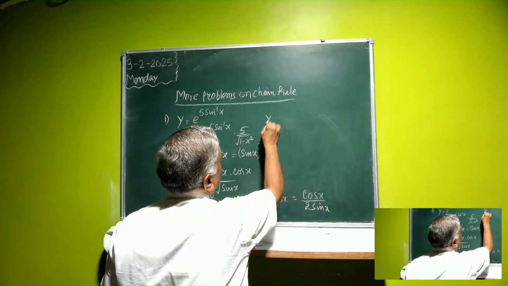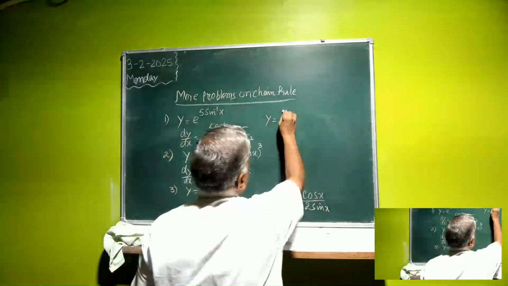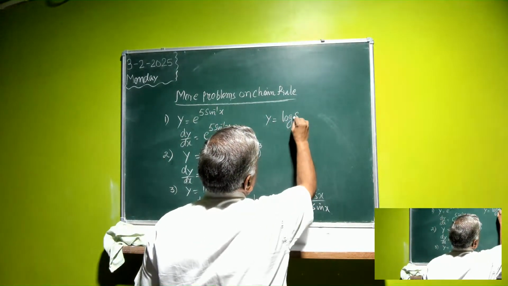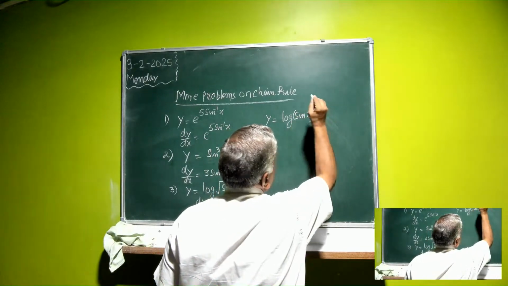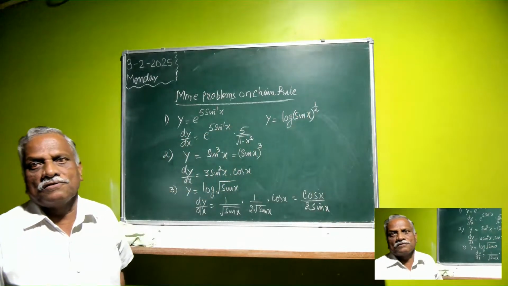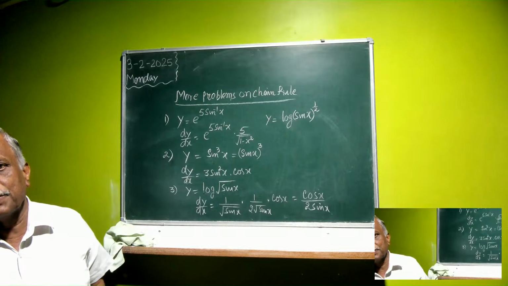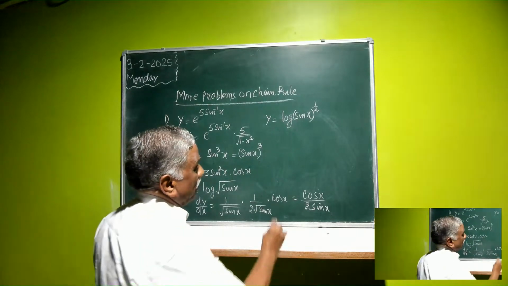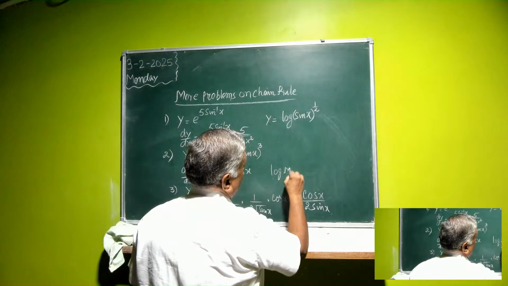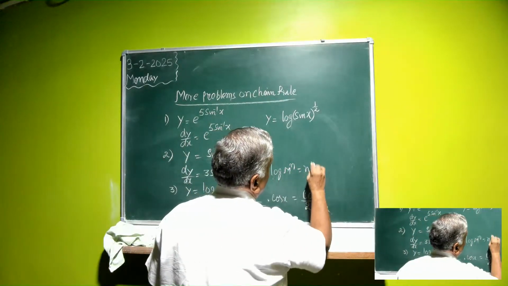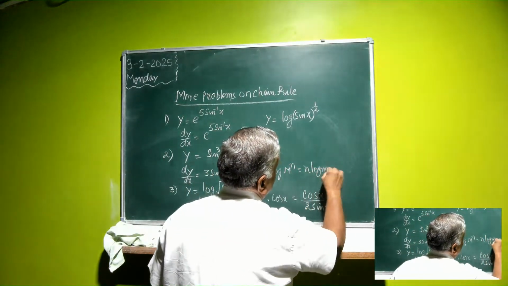What is another method? The given problem is log of sine x to the power of half. You can write like that. But you know there is a formula, you studied in first year PUC: log m power n is n log m.